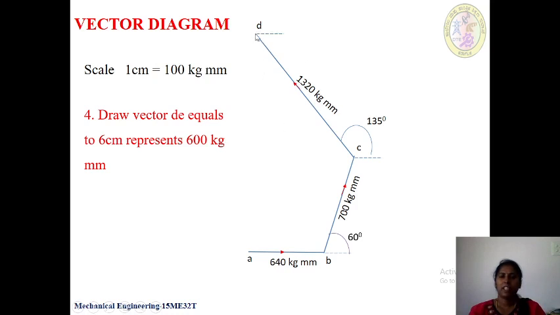Now from point D place the protractor and measure an angle of 270 degree. On that 270 degree line we need to draw 6 centimeter. So that is 6 centimeter, which represents 600 kg/mm, in the direction towards E. So that is our vector DE at the angle of 270 degree from the reference line, that is from mass A, and the length of 6 centimeter which represents 600 kg/mm.